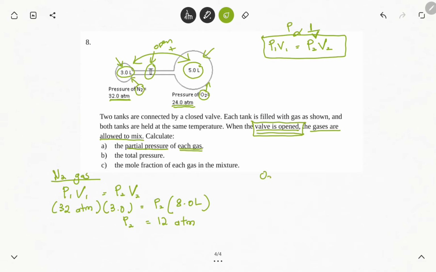For oxygen gas, same method, we use P1 V1 equal to P2 V2. The partial pressure for oxygen gas before the valve is open is 24 atm, and the volume is 5 liter.